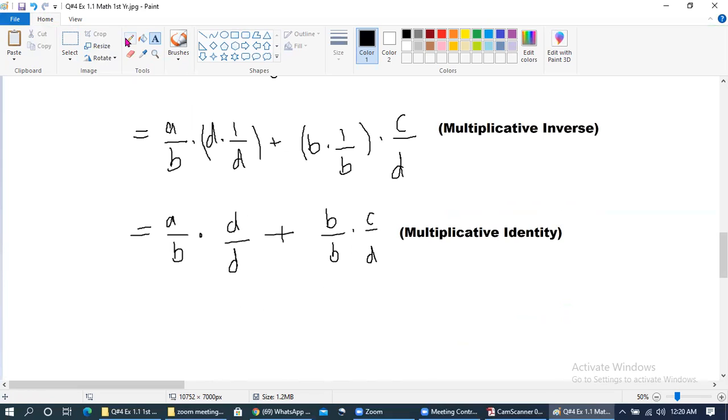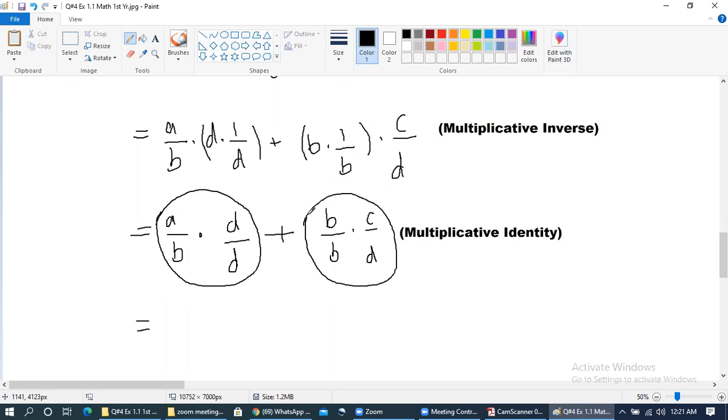So now in this situation, we can do the following. We have two things here. One is this, which is going to be multiplied with each other, while the other is this.